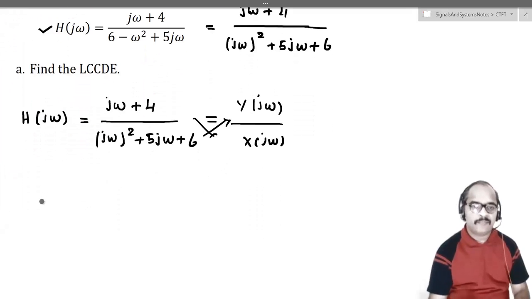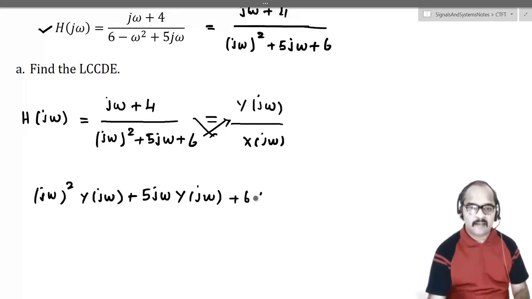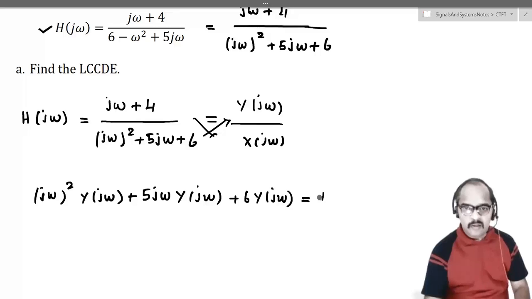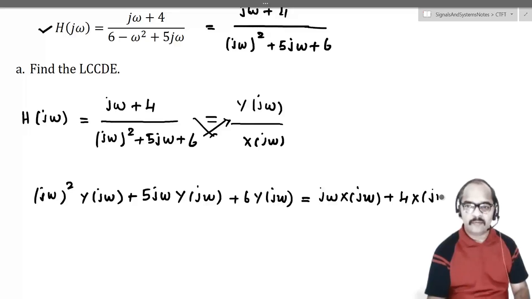You get (j omega)^2 Y of j omega plus 5j omega Y of j omega plus 6 Y of j omega equal to j omega X of j omega plus 4 X of j omega. What have we done? We have taken the cross multiplication.